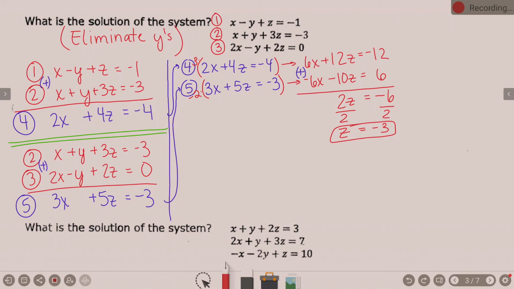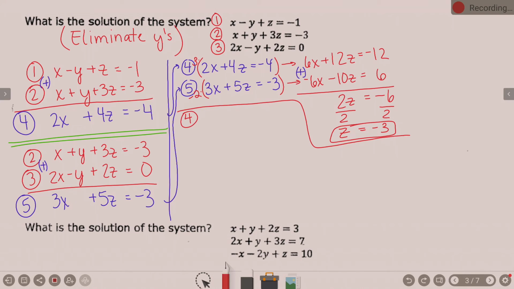So now the general rule of thumb is we go back and plug it into 4 or 5. Either or, whichever one makes your heart happier. Which one are you guys using? 4.